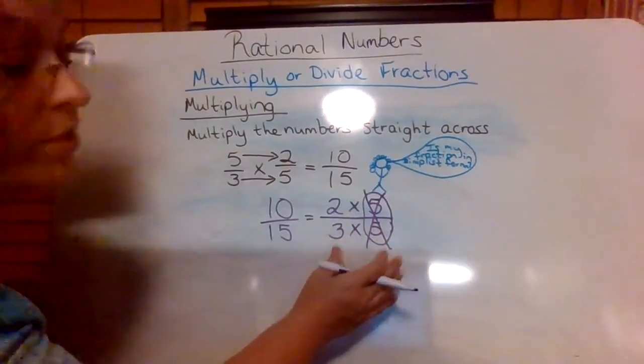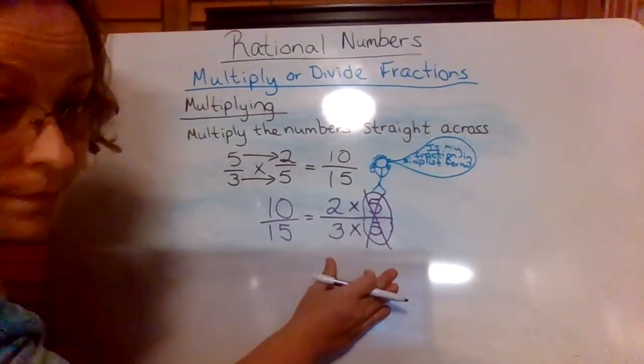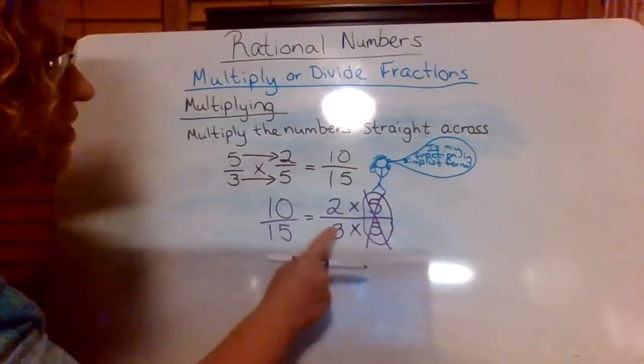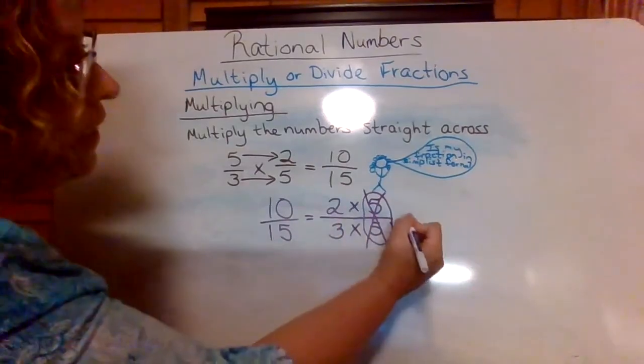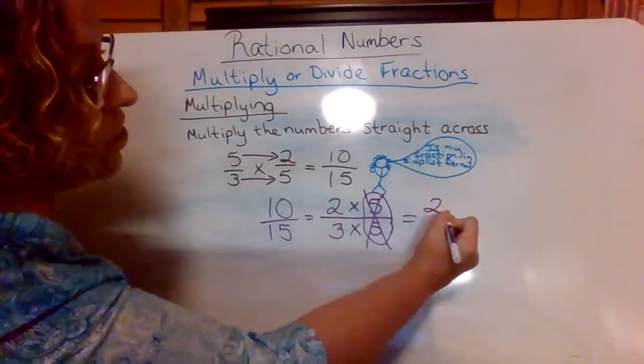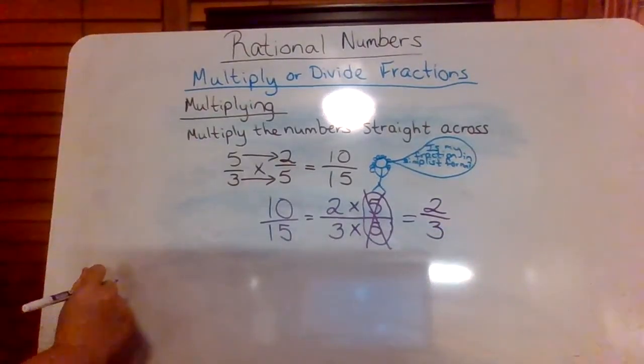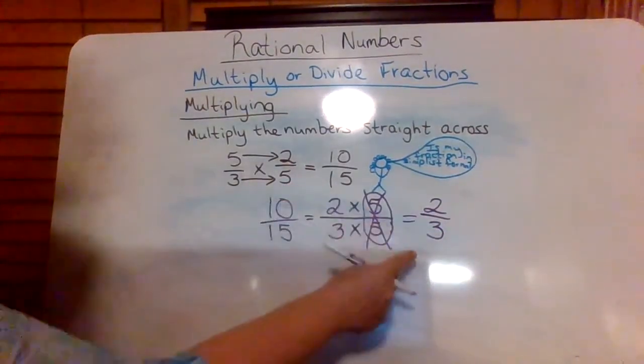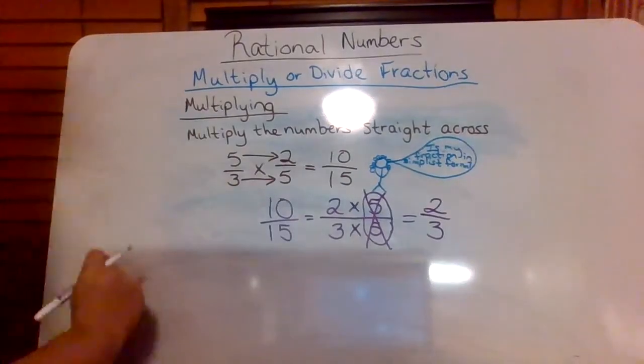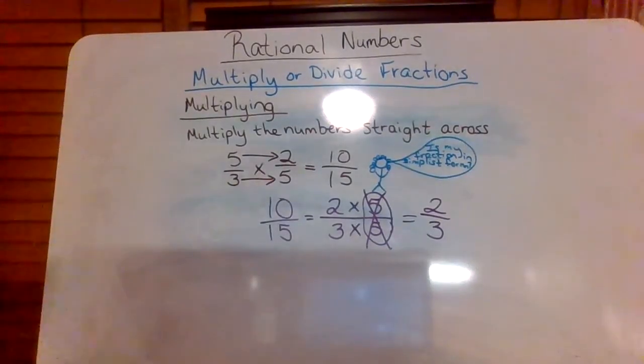So if those cancel each other out, then they're gone. So what's left? 2/3. So my final answer is 2/3. So 10/15 reduces to 2/3. Okay, so that's one example.